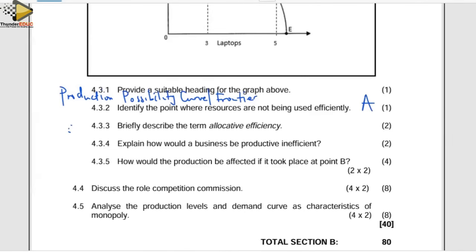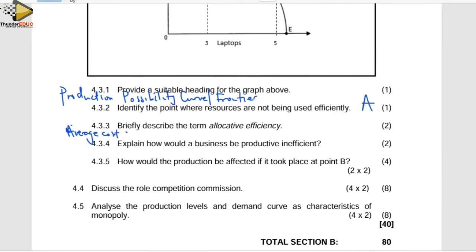It can be productive efficient in the sense that if a business average cost, or before that, I have not answered question 4.3.3. Sorry for that.